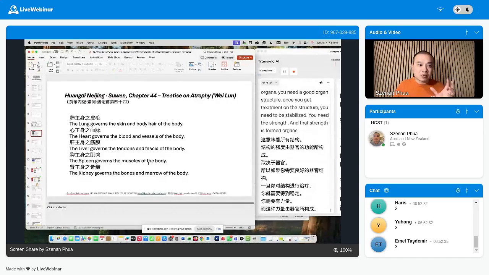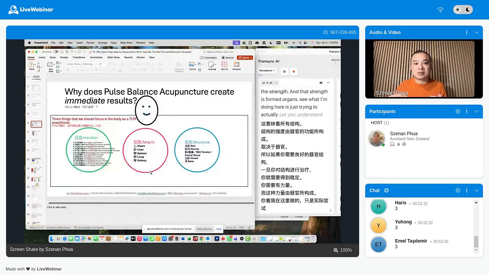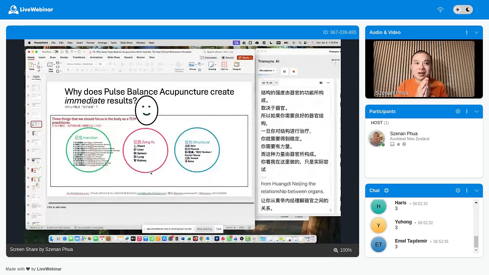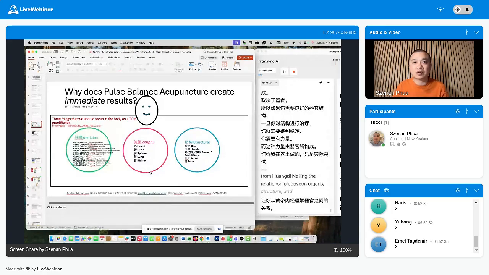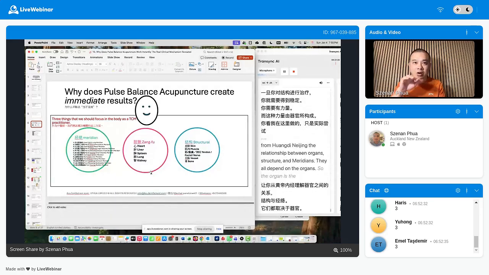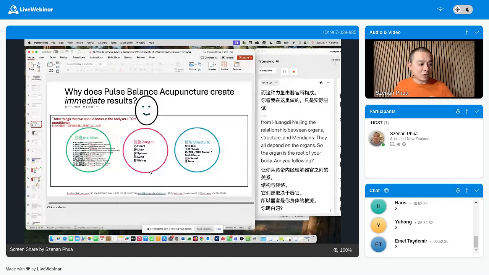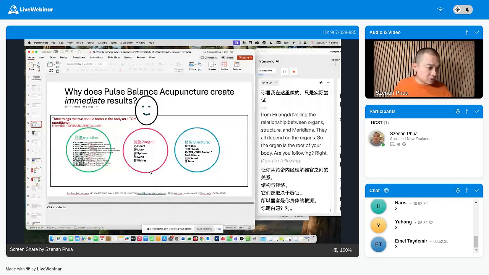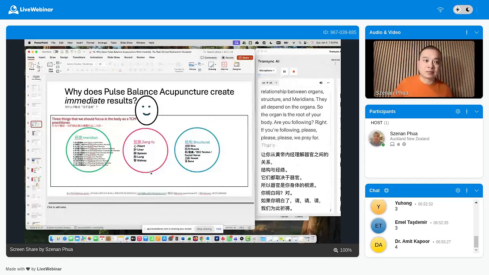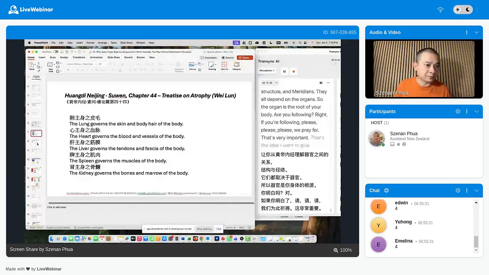You see, what I'm doing here is trying to let you understand from 黄帝内经 the relationship between organs, structure, and meridians. They all depend on the organs. So the organ is the root of your body. Are you following? Right? If you're following, please reply 4. That's very important. That's the idea I want to give you first. That makes sense, right?